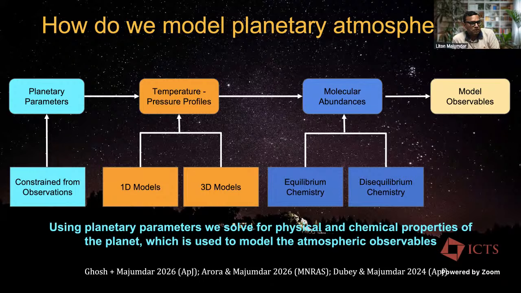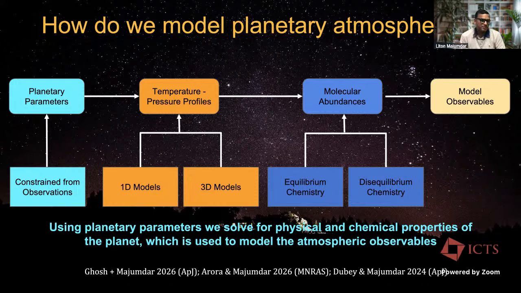So now I think this is something that Shujan and Jayesh have also covered, but just for the introduction we should also know how we model these atmospheres. Generally, you have the planetary parameters, which are mostly constrained from observations, such as the effective temperature of the planet, mass, radius, and other parameters.